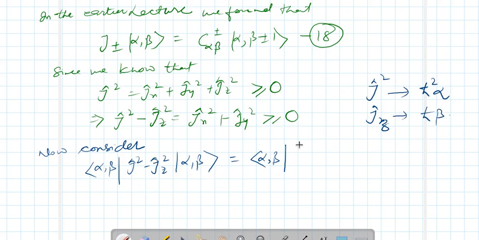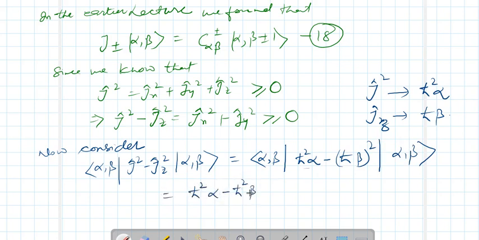If I put these values, then this equation becomes (ħ²α − ħ²β²) times ⟨α,β|α,β⟩, and it can be taken outside. So it is ħ²(α − β²)⟨α,β|α,β⟩.